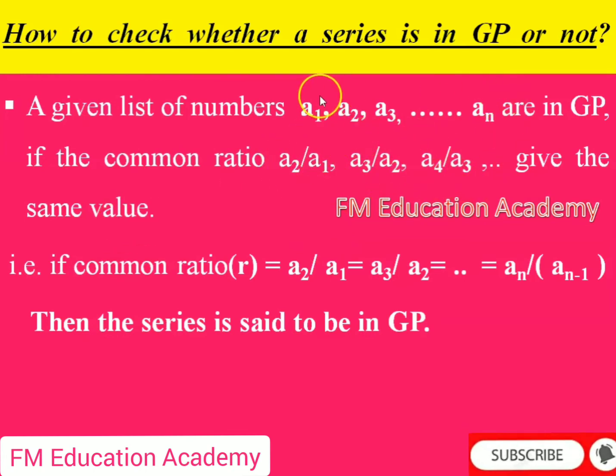Then we can say that this pattern is a GP. All those equal values are called the common ratio. So we can say the series is in GP if the common ratio a2 by a1 is equal to a3 by a2 up to an by a(n minus 1). If a2 by a1 is not equal to a3 by a2 and not equal to an by a(n minus 1), then we can say that it is not in GP. The condition for the series to be in GP is that the common ratio should be the same.